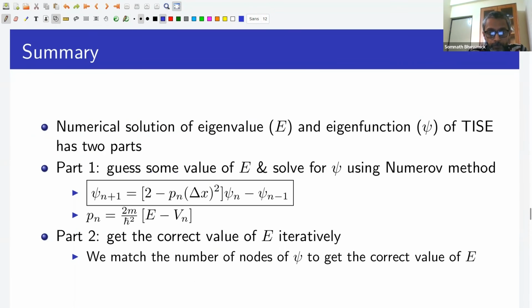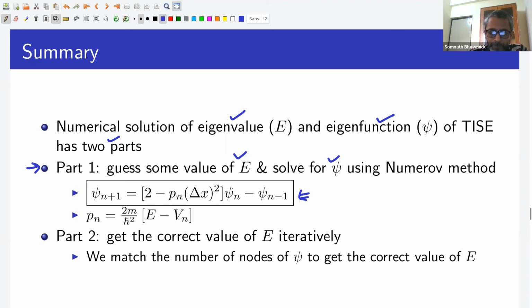Finally, let me quickly summarize what we have done so far in this lecture. Numerical solution of eigenvalue and eigenfunction of time-independent Schrodinger equation has two parts. In part 1, we guess some value for E and solve for psi using numerical method.